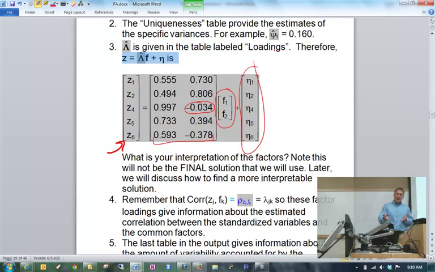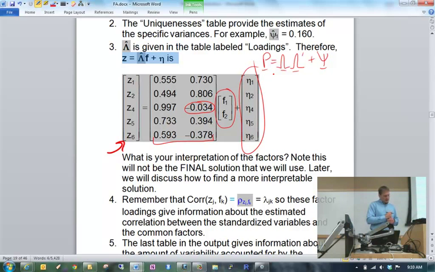Now, in order to estimate this model, we use the following relationship here. Based upon our factor analysis model, we could write our covariance matrix like this, where P is our correlation matrix, lambda is our factor loading matrix, not the estimated version, but the actual version, and psi is a diagonal matrix with the specific variances of the etas on the diagonal.